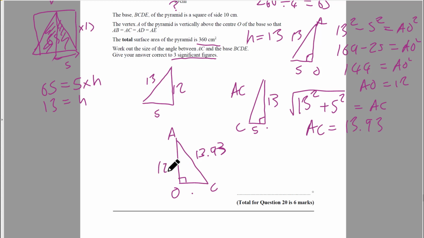But we've got AO, which is 12. We want this angle here. So can we see we've got the hypotenuse and the opposite. So we have sine X, O is 12 here, that's 13.93, so our sine X equals 12 over 13.93, so inverse sine that.